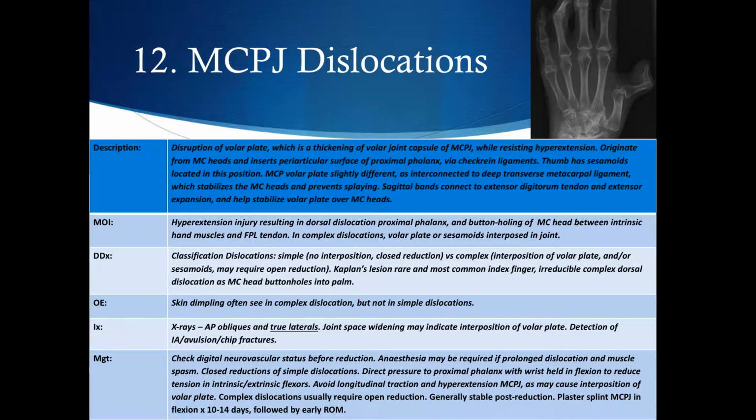You want to avoid longitudinal traction and hyperextension at the metacarpal phalangeal joint, as this may cause interposition of the volar plate. Complex dislocations usually require open reduction. The joint is generally stable post-reduction and is placed in a plaster splint with the MCPJ in flexion for 10 to 14 days, followed by early range of motion.